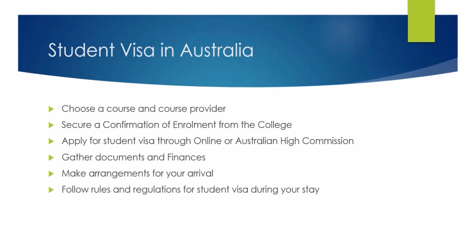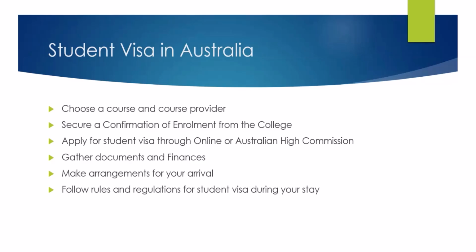Google is the best source to get that sort of information. Next is to secure a confirmation of enrollment from the college. Once you have chosen your course and the course provider, you have to secure a confirmation of enrollment after submitting all the documents and expressing your interest in studying in that particular university or college.